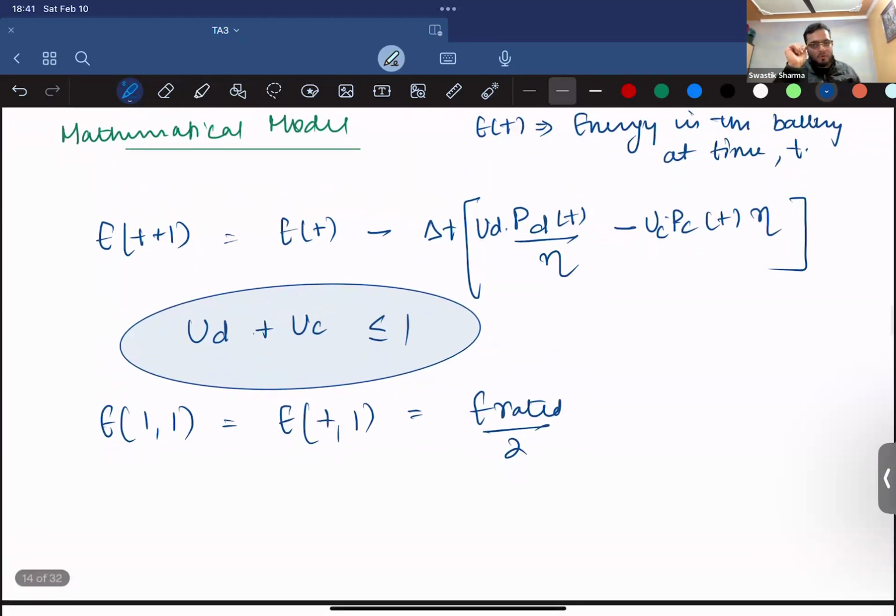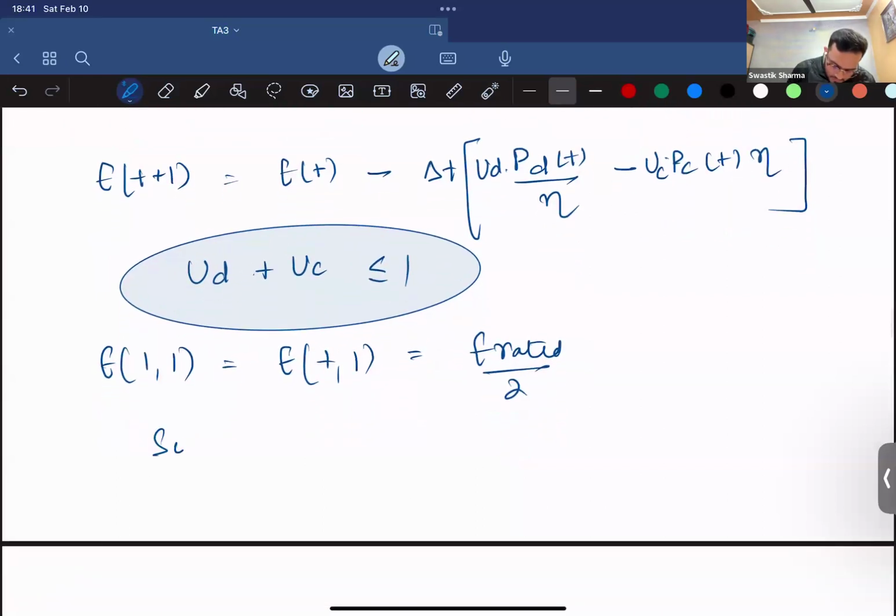And then we specify one more quantity, that is your state of charge. So what is state of charge? SOC, it's nothing but E upon E rated. So I should say ET. So energy at any time instant T in your battery divided by the rated capacity will give you the SOC, let's say 50%.